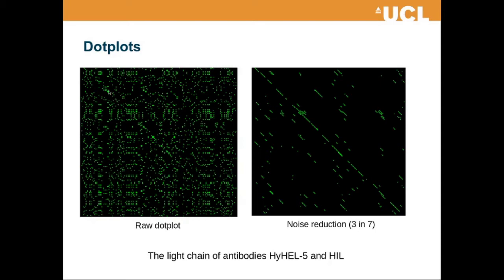So we're taking a little window, and wherever we have 3 out of 7 matches, we put a dot in this version. So now you can see much more clearly this diagonal line coming down here, and of course there are little off diagonals as well, where there are small motifs within the sequence which show similarity to one another.